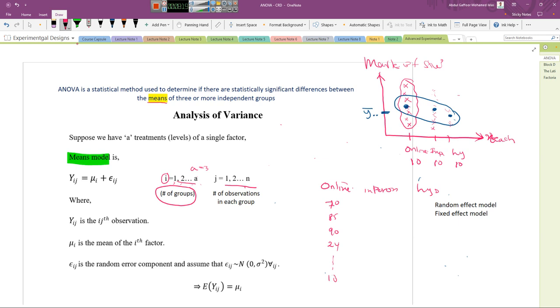So we have 10 observations, and for the other modes, including hybrid, we are also taking their marks. So here n is equal to 10, right? I hope you can understand this.